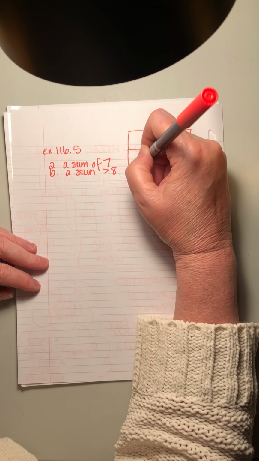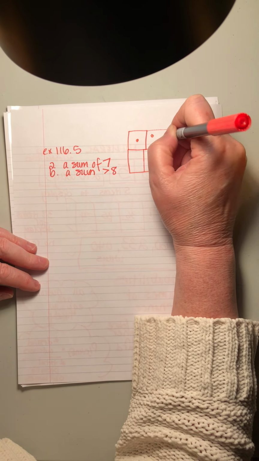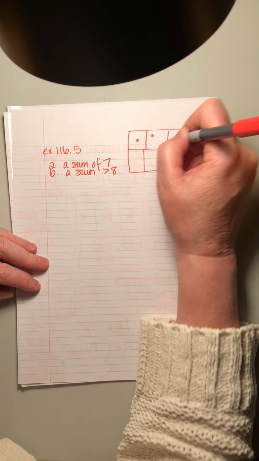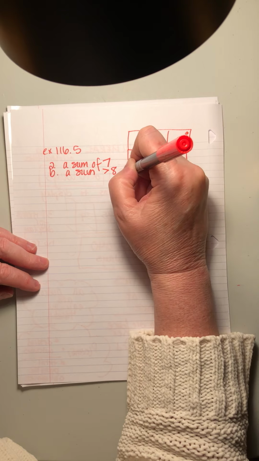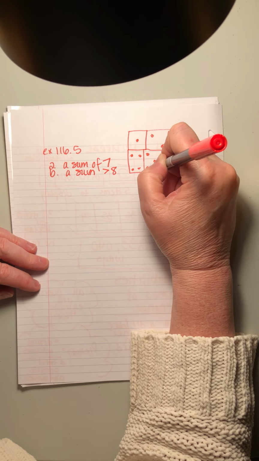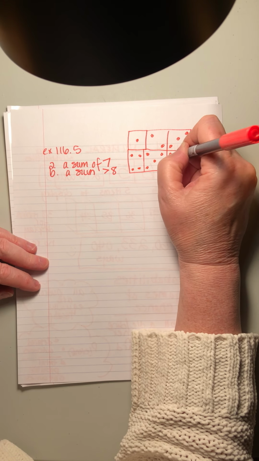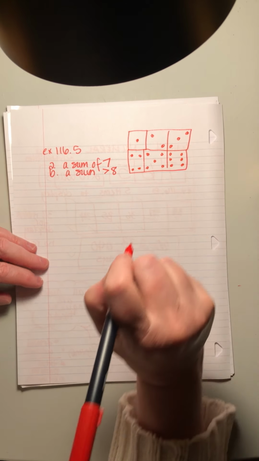These are all the different outcomes: 1, 2, 3, 4, 5, 6. I barely need to draw that, right? You know what a die looks like and the 6 different sides of it.